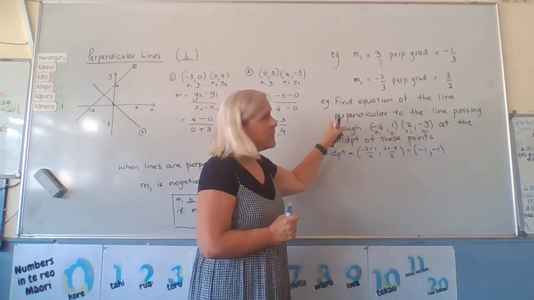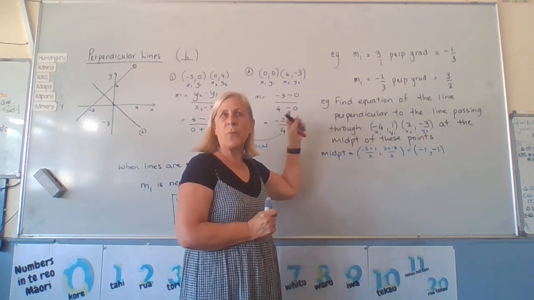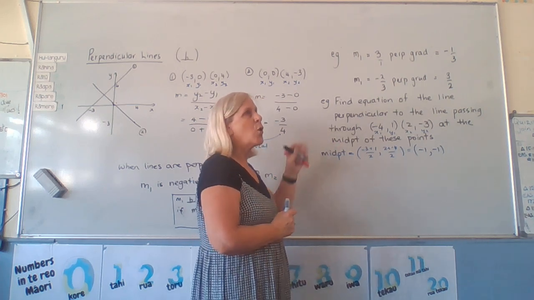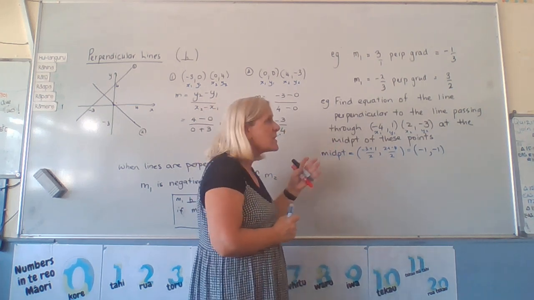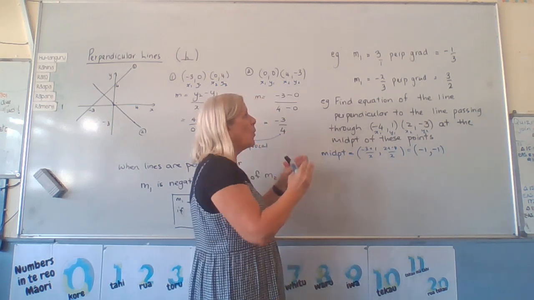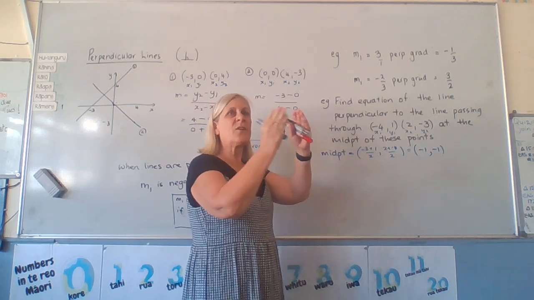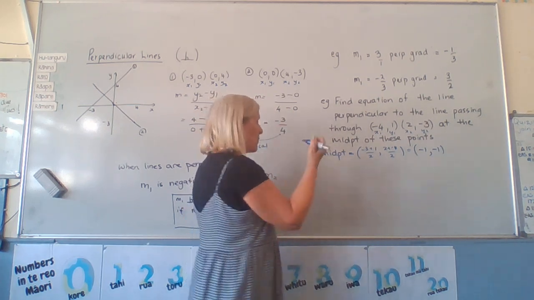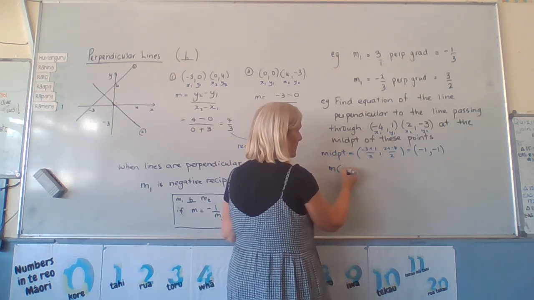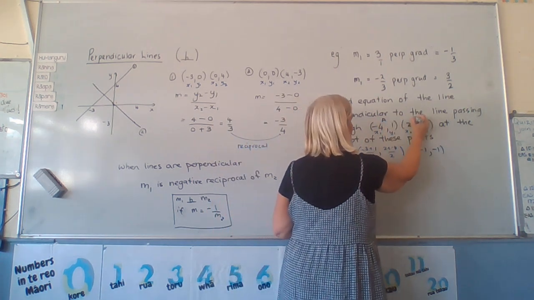That perpendicular, as soon as you see that sign perpendicular or meeting at right angles or anything like that, or the corners of a square or the corners of a rectangle, we talk about gradients. We're going to find a gradient. We're going to find the perpendicular gradient. So first of all, we're going to find the gradient of these 2 points. We'll call them A and B just so that I know what I'm doing.